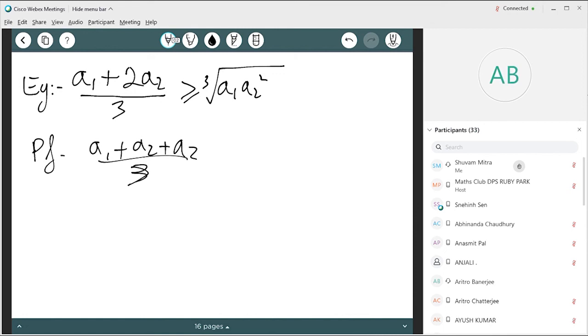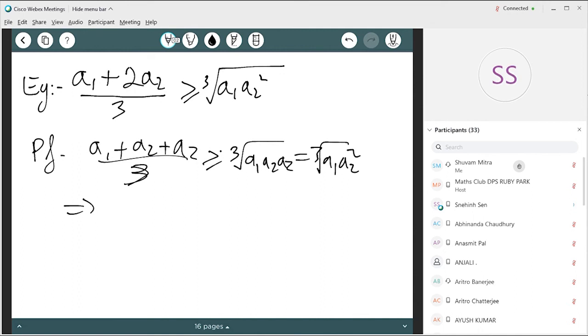And so we can have the inequality. Exactly. Perfect. Great. So this is the inequality, and this would imply (a1 plus 2 a2) by 3 is greater than or equal to the cube root of a1 a2 square. Now let's write this example as we did above.